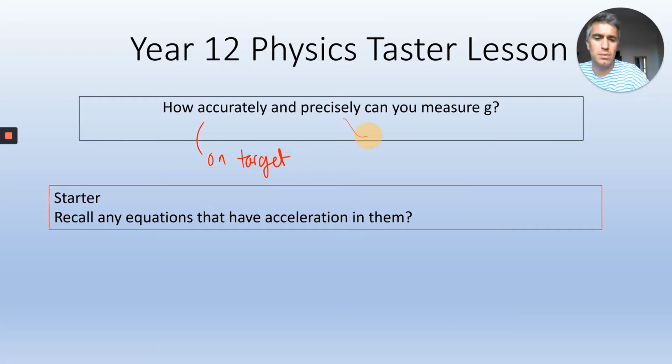Precise, well, precise comes from doing the experiment multiple times. And every time we do it, if our results are grouped closely together, that means we're doing the experiment precisely, as in, how close or how much spread is there in your results?